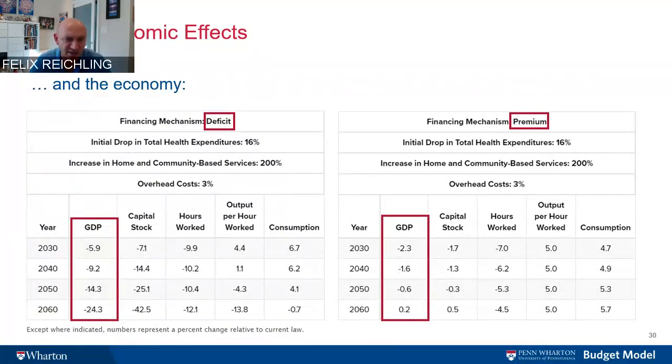Under deficit financing by 2060, consumption is actually lower than under current law baseline, while it's 5%, 6% higher under the premium financing. And here you can already see what the welfare implications are. Under the premium financing, people work less and consume more. Those are really two of the main things that people care about, how much they work and how much they consume. And eating more and having to work less for that will mean that they will be better off in that scenario.